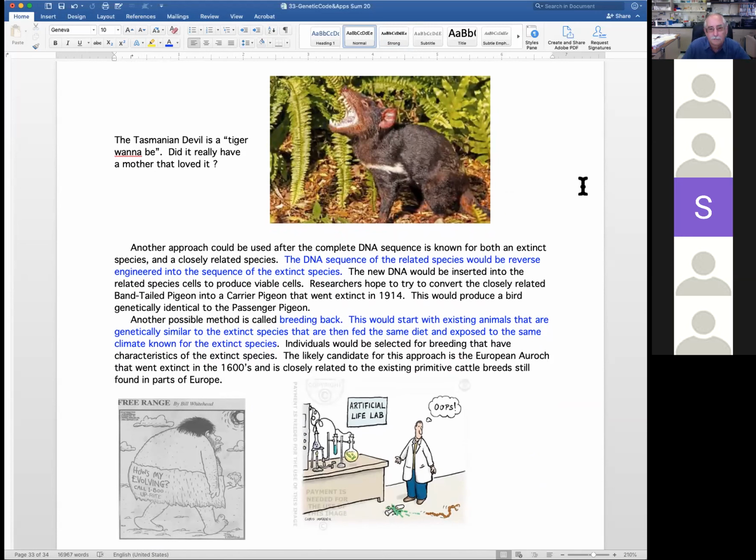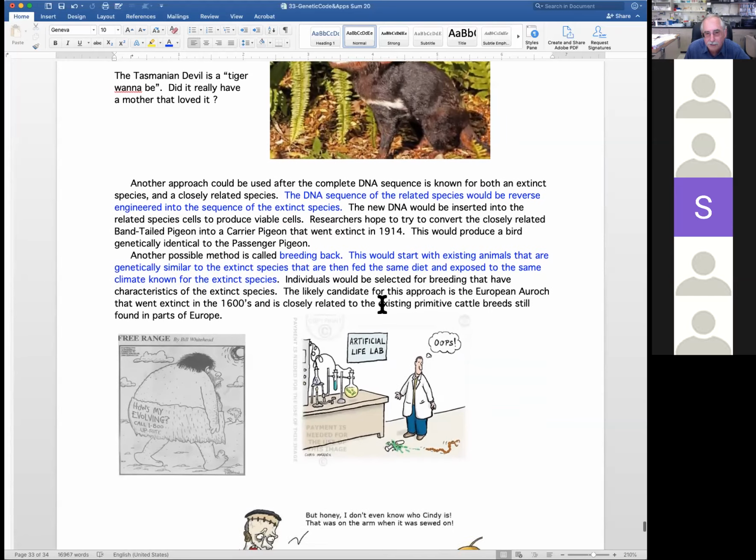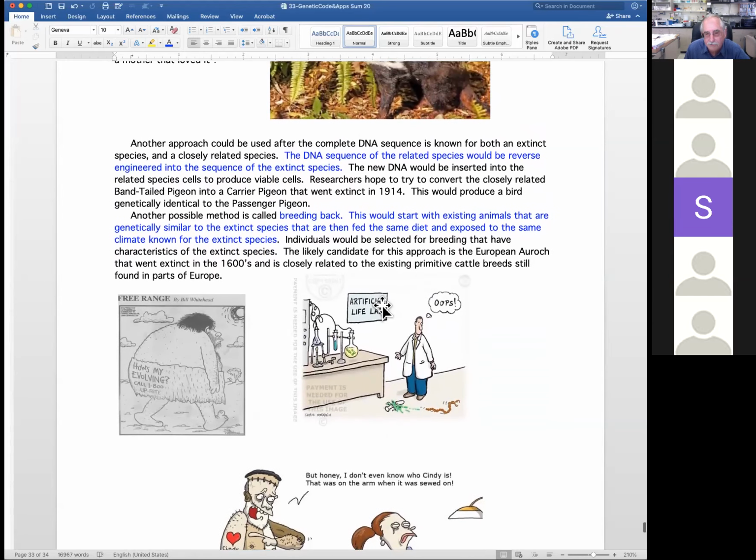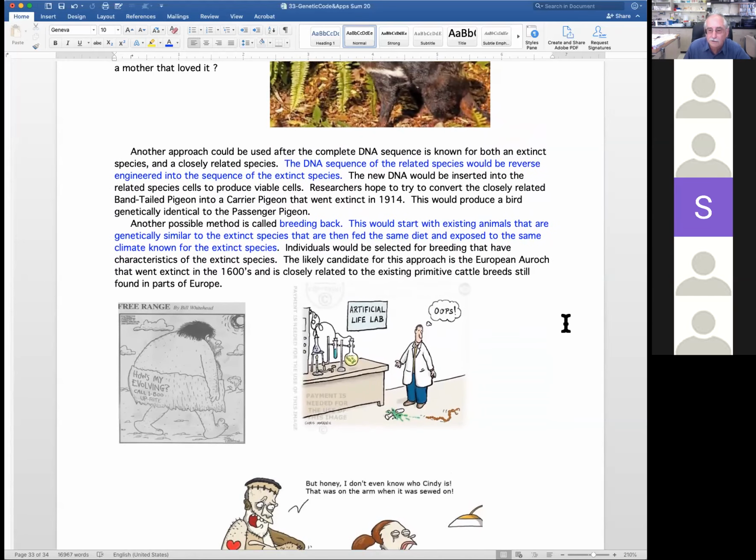Another thing they're thinking about is, well, how do we just use normal hybridization to reverse engineer the sequence of an extinct species? And I see some of my friends and relatives do that, actually. They're into pit bulls, right? So they'll find a pit bull that's small, and then there's another pit bull that's small.